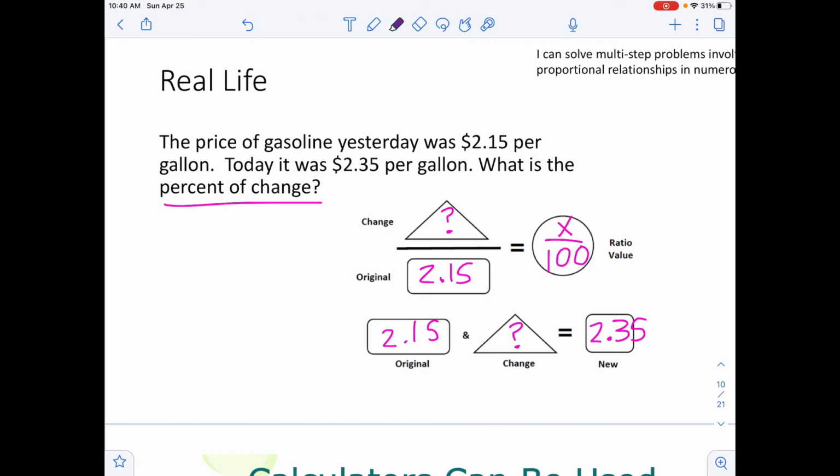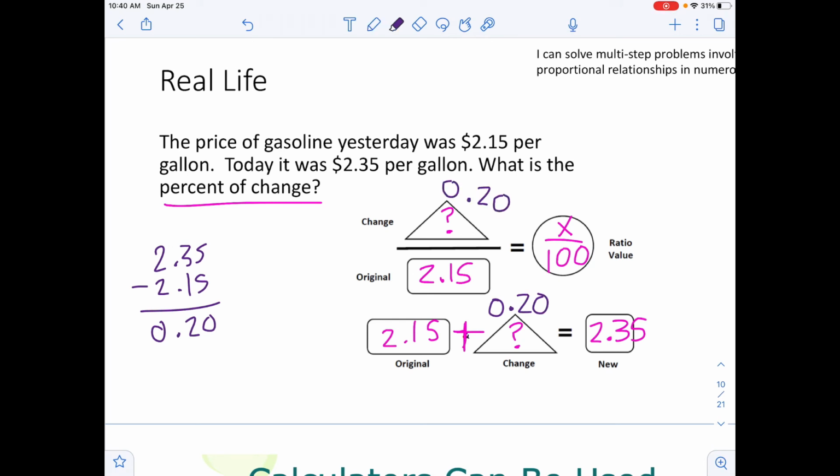And before we can cross multiply, we don't have enough information on the top, so we have to start with this bottom here and solve for the question mark that way. So I'm going to take the new 235 and subtract the original 215, and I get a 20 cents difference. So the change is 20 cents.